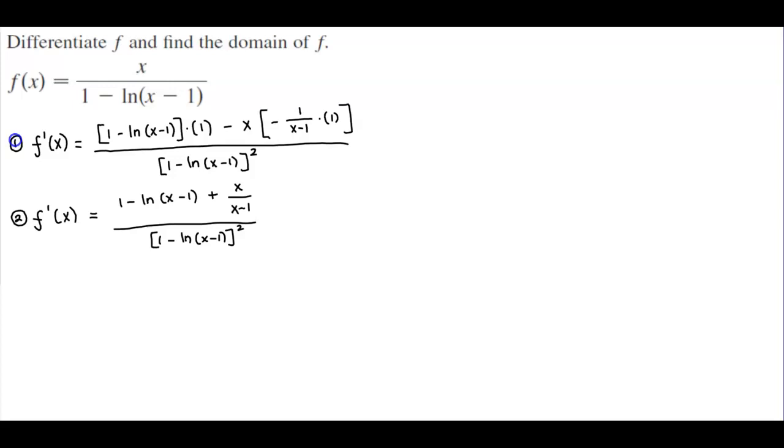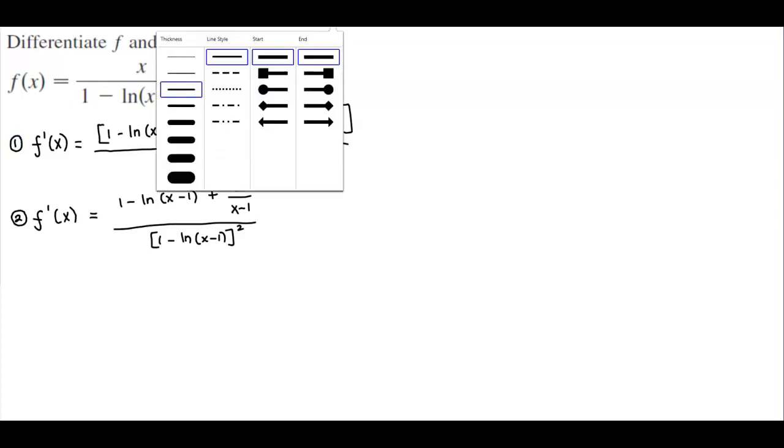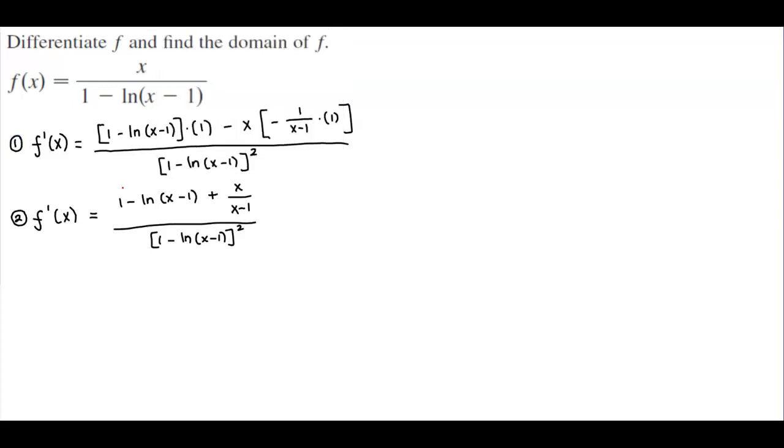Okay, so if we want to eliminate that fraction in the numerator, what we can do is multiply all the terms in the numerator by x minus 1, and we're also going to multiply the denominator by x minus 1.